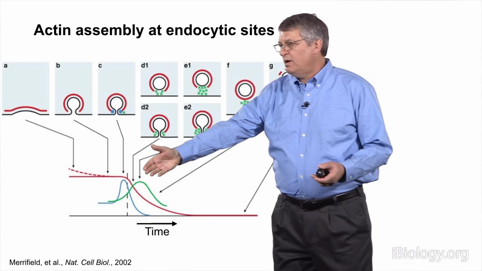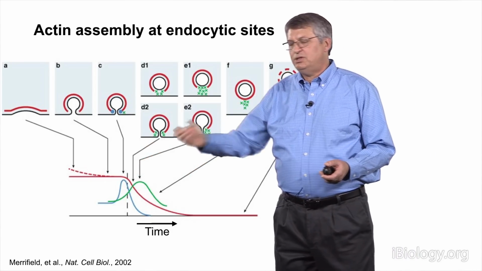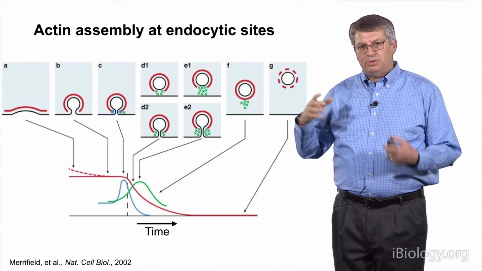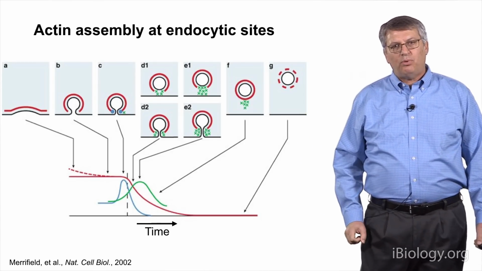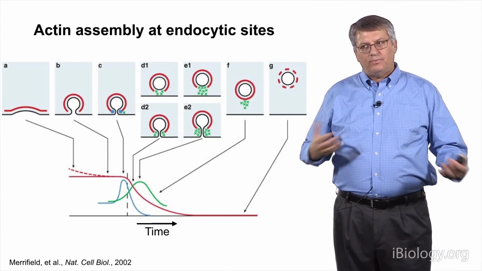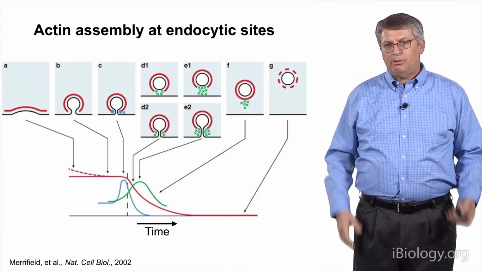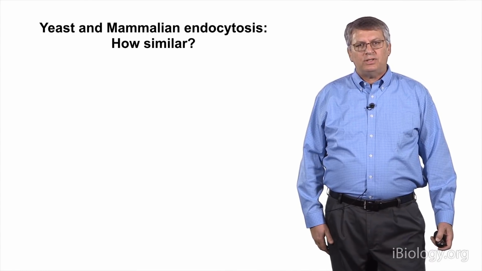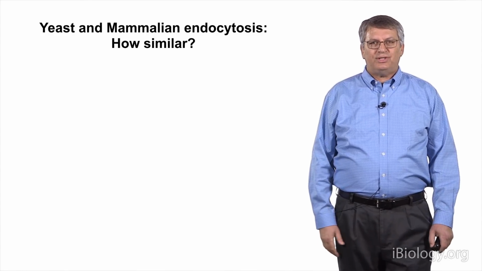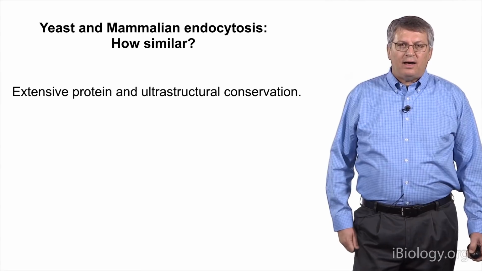And in Christian's work, this burst of actin assembly was seen to occur after the dynamin GTPase was recruited to the endocytic site. So that was an important insight, and now, even more so, the yeast and mammalian pathways are looking very similar.